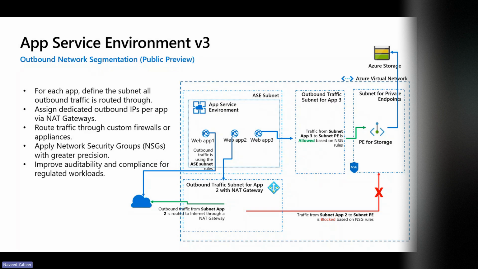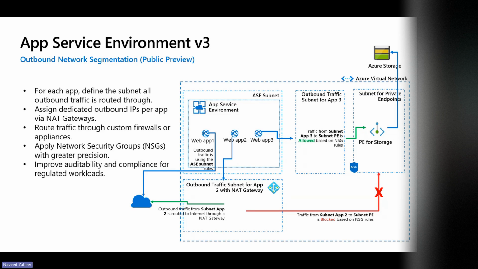It should only be used by this web app 3. What we have done is applied an NSG on this PE subnet, and that NSG is blocking all traffic except from the subnet we are using for app3. So basically, only app3 can now access it.